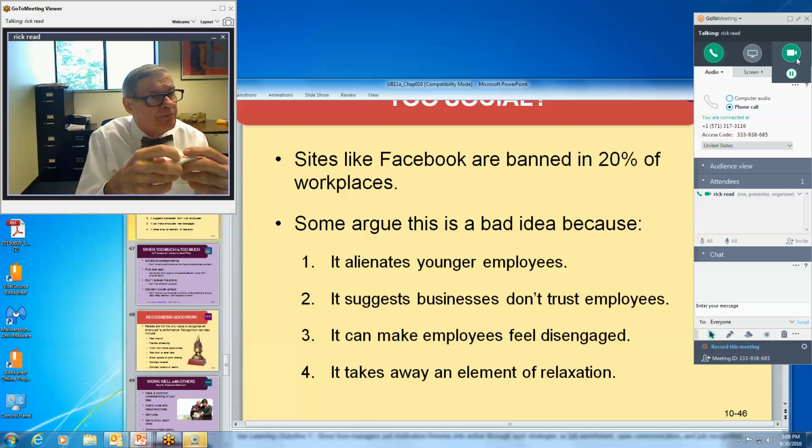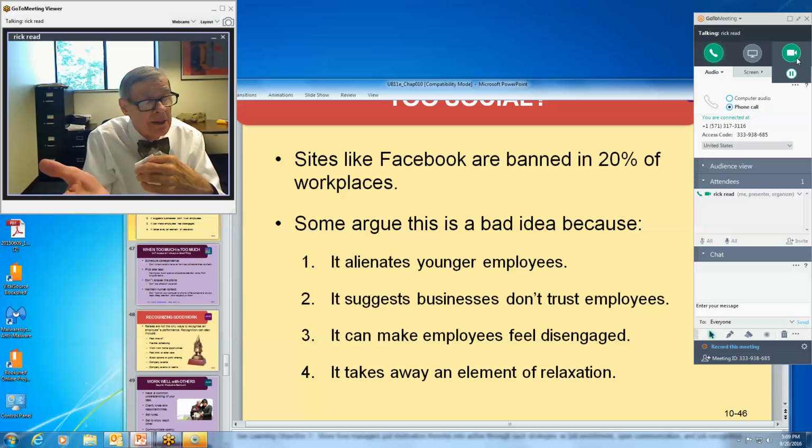with using social media. I realize that the younger folks don't, and I'm certainly not in that category, don't like bans on social media because of some of the things I just said, infringement upon rights, etc. But you have to be careful about this. I don't necessarily agree with the comment here.